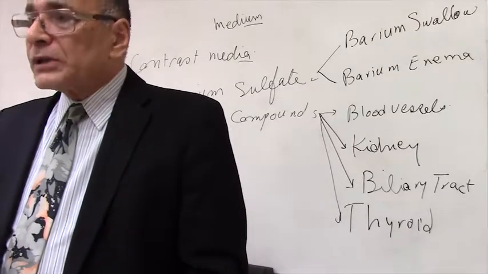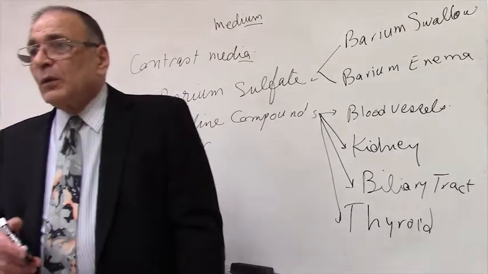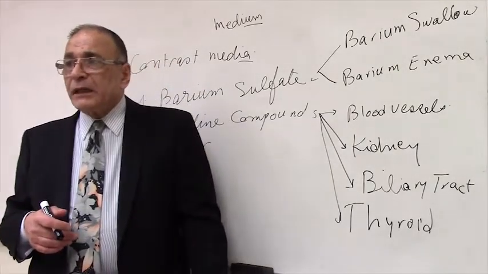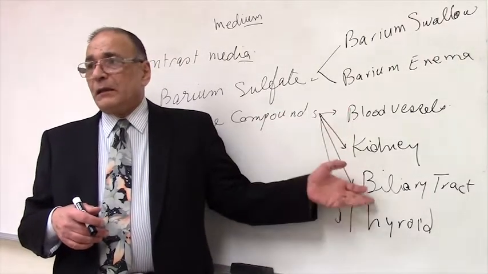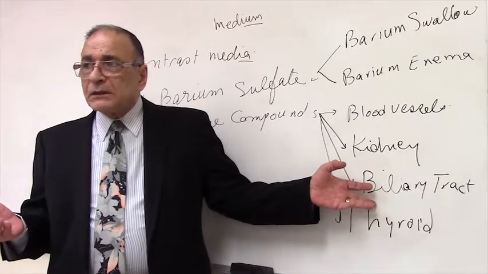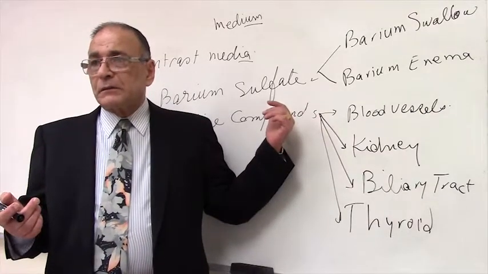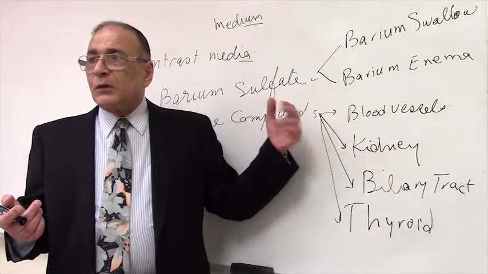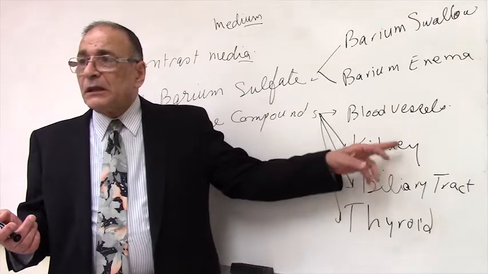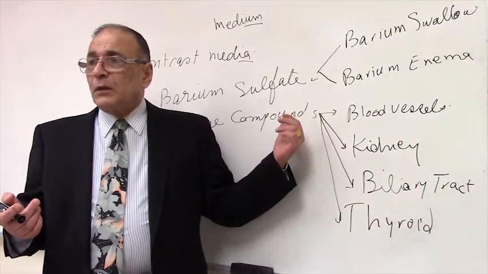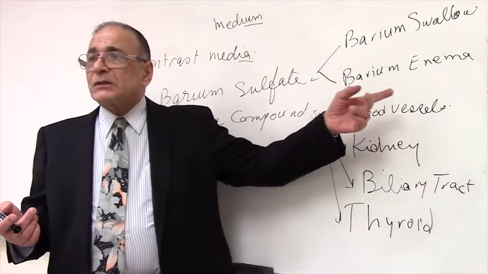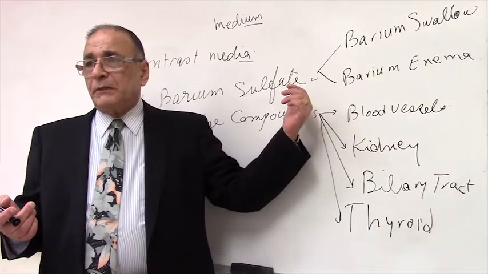When I give you a question, what is the good contrast medium to study the kidney? Iodine compound. What is the good medium to study the blood inside blood vessels? Iodine compound. What is the good medium to study the gastrointestinal tract? Barium sulfate.